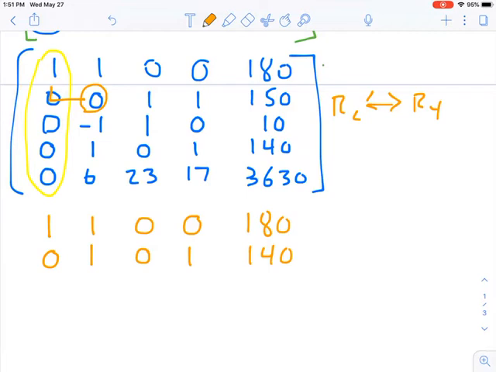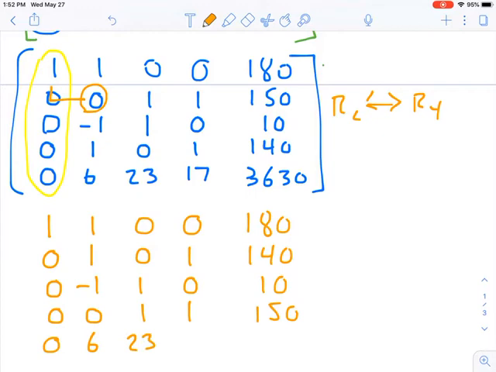Row 3 is staying the same: 0, negative 1, 1, 0, 10. Row 4 is now row 2: 0, 0, 1, 1, 150. And then finally row 5. And there is our next matrix.